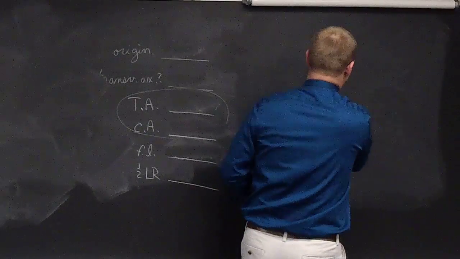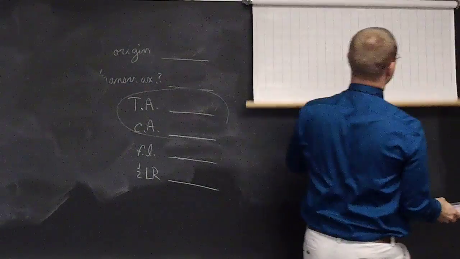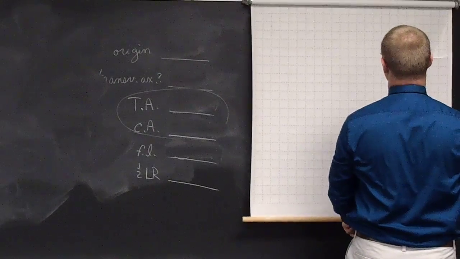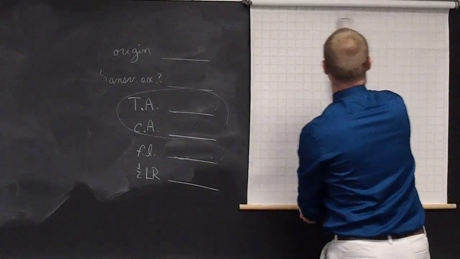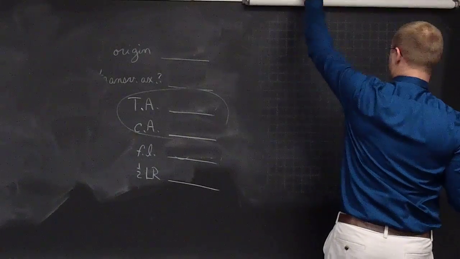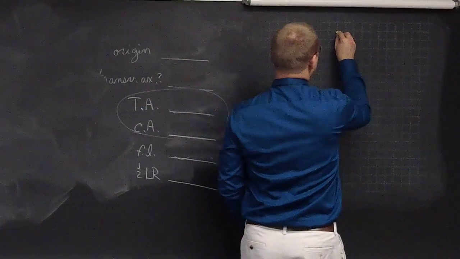So don't make the Cartesian planes too big. Number one, it saves space on the page. Number two, it saves time in setting it up. Of course, I'm kind of limited in how big I can set mine up anyway. But as you're working on graph paper, don't get carried away.